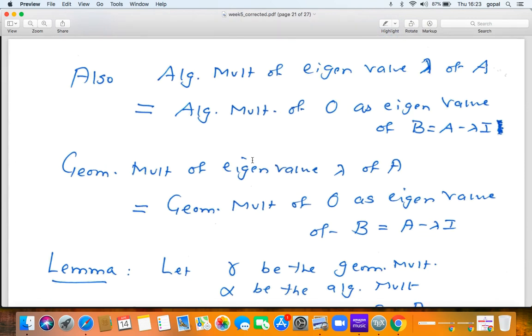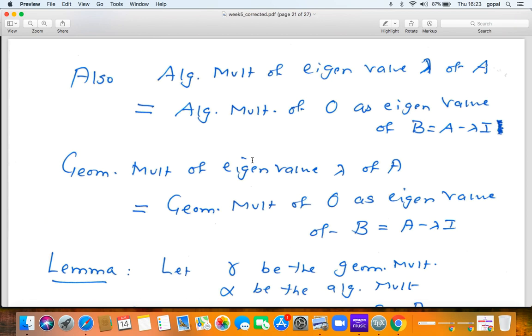So you are taking a polynomial equation, f of x equal to 0, and suppose you see that 1 is a root. Now you are looking at a new polynomial g of x equal to f of x plus 3.